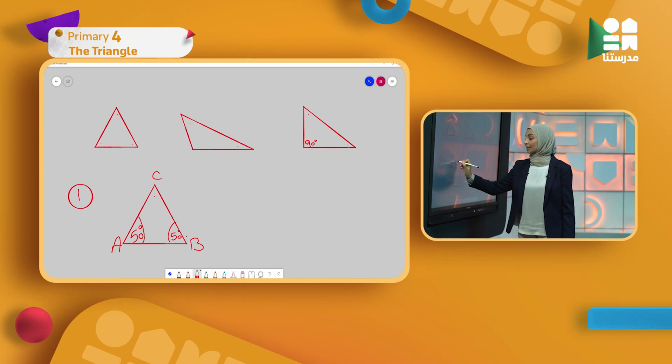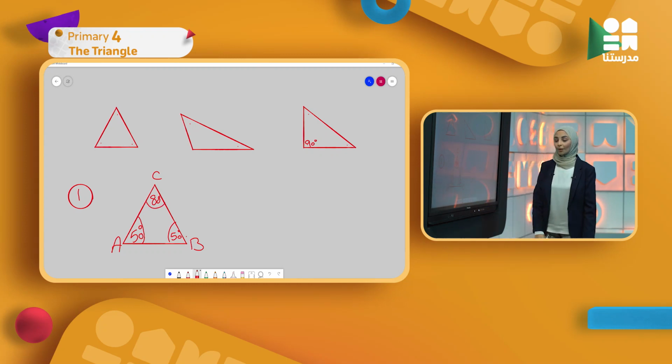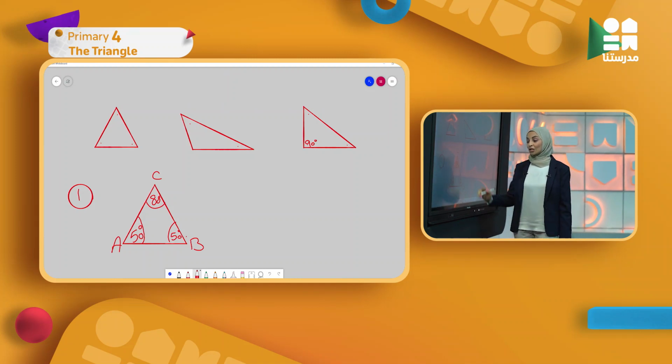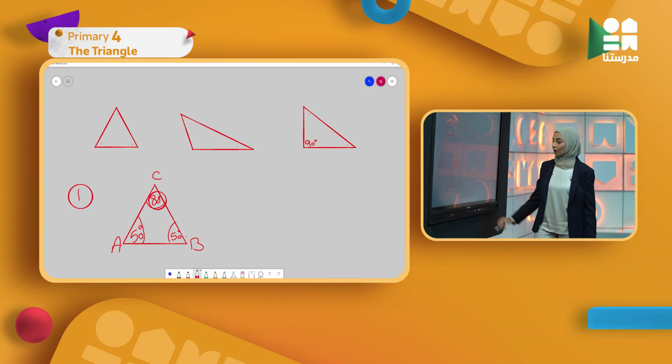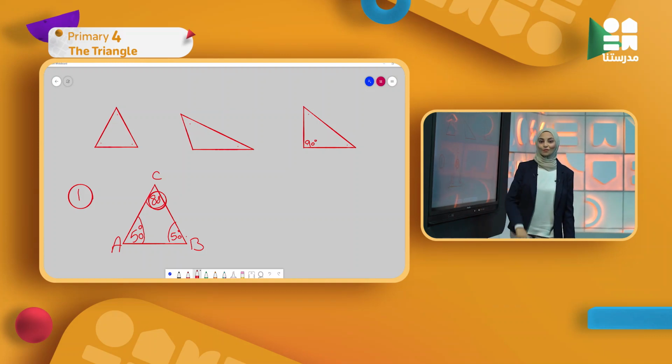And measure C equals 80 degree. Who can tell me what is the type of this triangle? As I said before, to know the type of the triangle, don't see only one angle. No, you have to take a look at all the angles of the triangle.